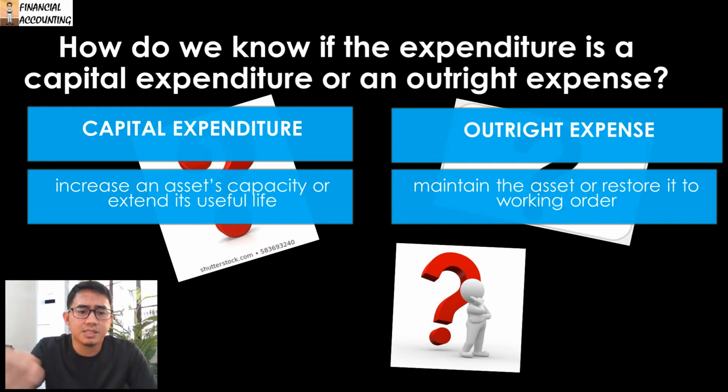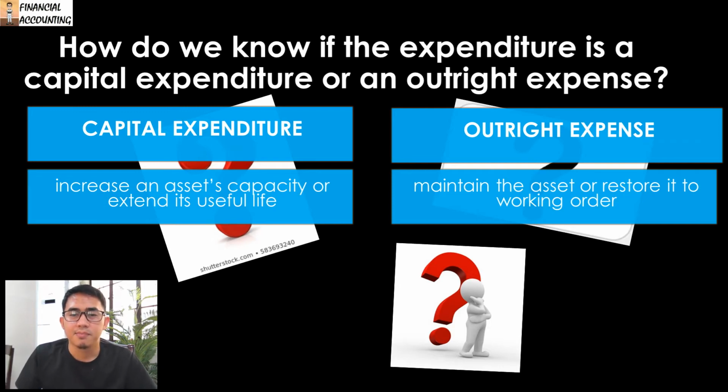So, like for example, you have a building and you renovated the building such that you increased its capacity. Like for example, initially your building has a capacity of 50 persons, and you renovated it and it became 60 persons, meaning the asset has increased its capacity, then that is a capital expenditure.